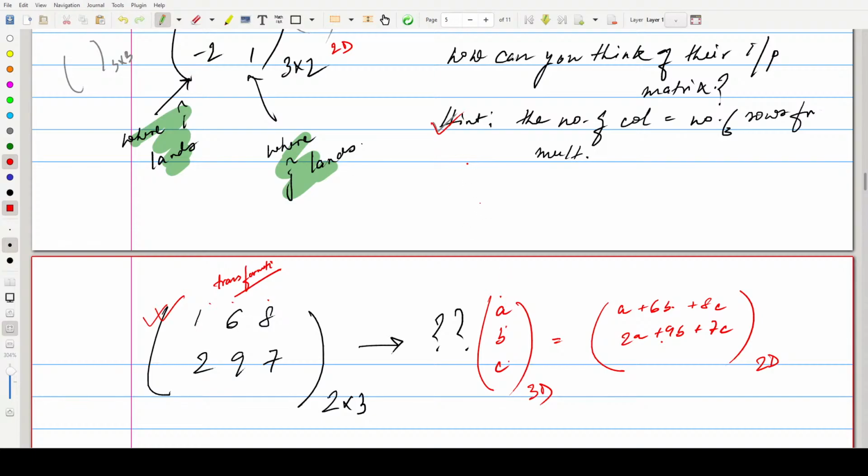So this can be represented by I cap, j cap, and k cap, as we know for a vector representation. It's a column representation of a vector. So what we get from this product is essentially 1a plus 6b plus 8c and 2a plus 9b plus 7c. So this becomes from I cap, j cap, and k cap, and this reduces to I cap and j cap.